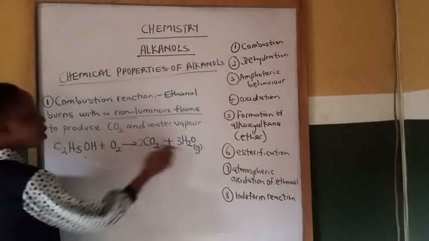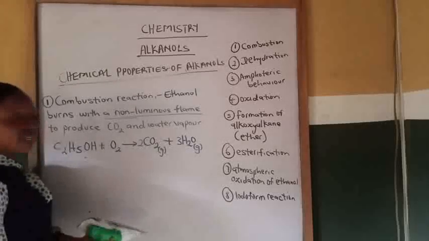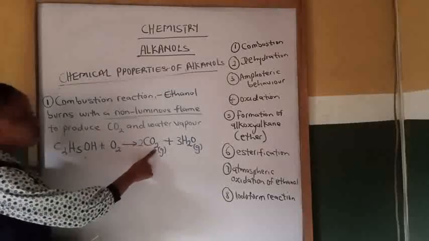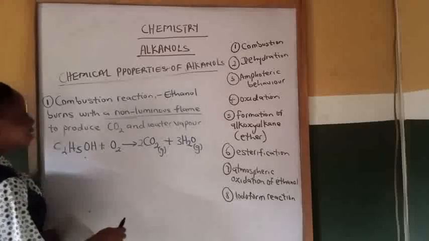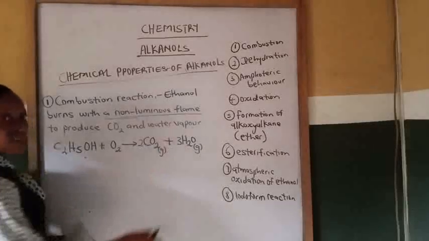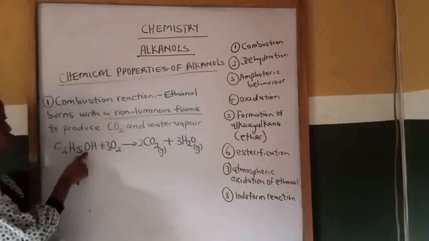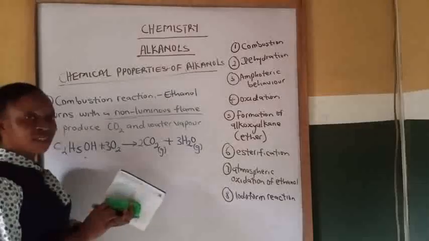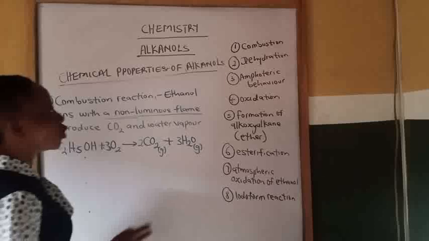Then let's count our oxygen atoms, because we have more oxygen at the product side than the reactant side. 2 times 2 is 4, then 4 plus 3 is 7. So we can add 3 here: that is 6 plus this one here, that is 7. So our equation is balanced. That is the combustion reaction of ethanol.